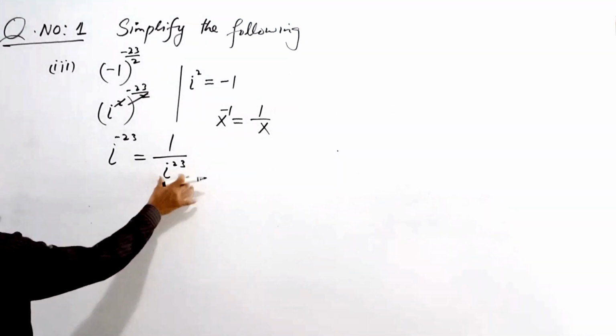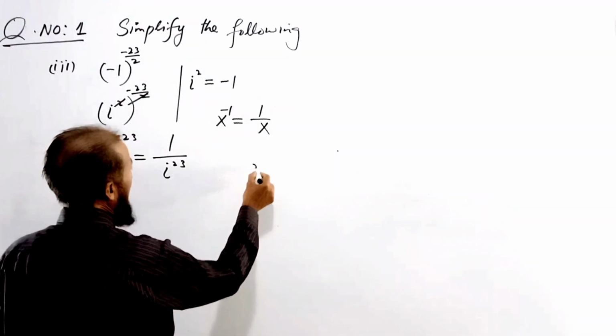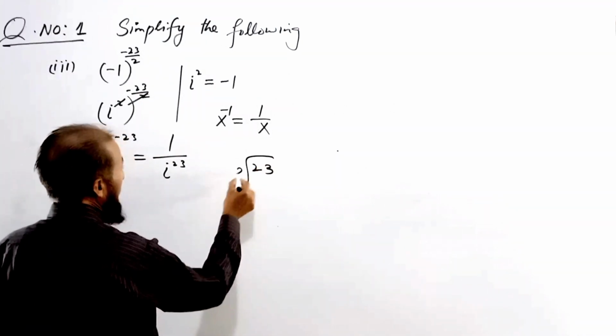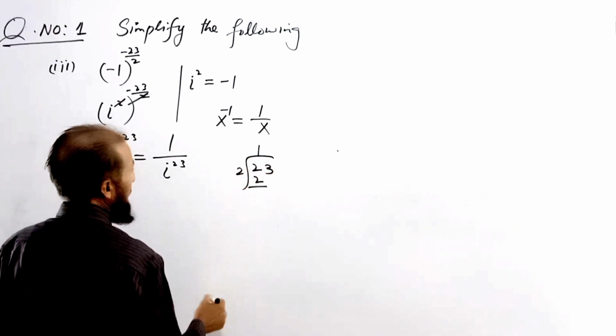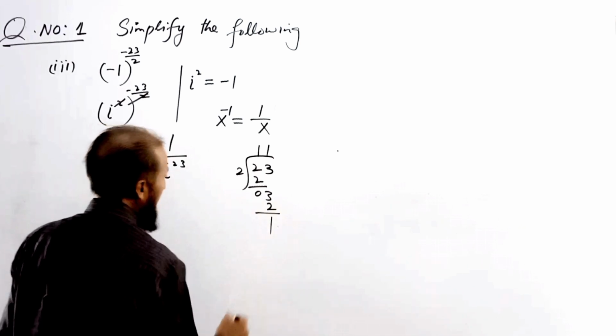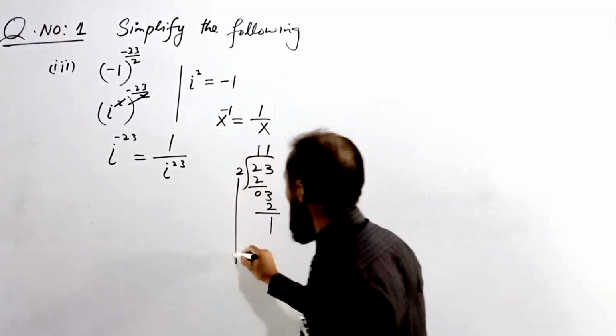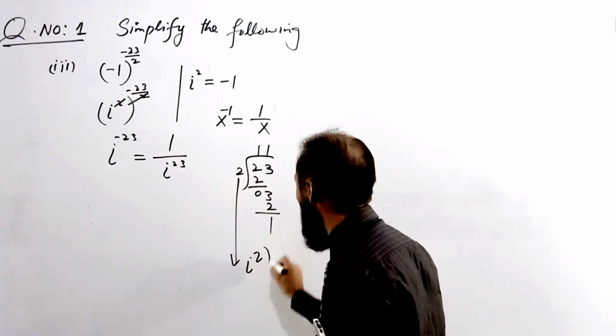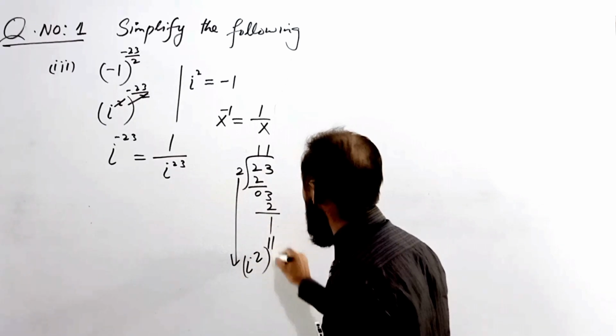Now how can we simplify this term in the easiest method? 2 ones are 2, 2 times 11 is 22, remainder is 1. Here we reduce this term, iota power 23. The quotient becomes the power, and the remainder is 1.